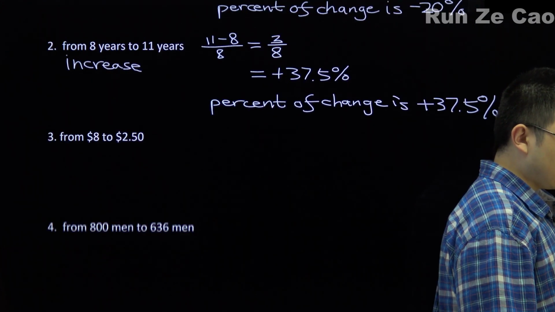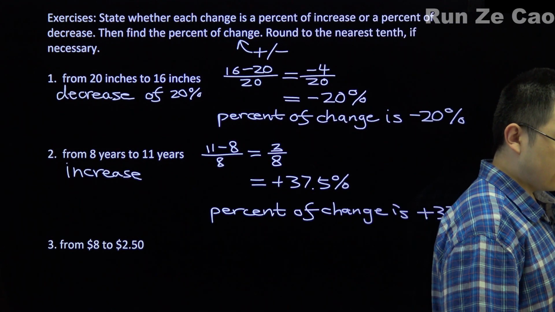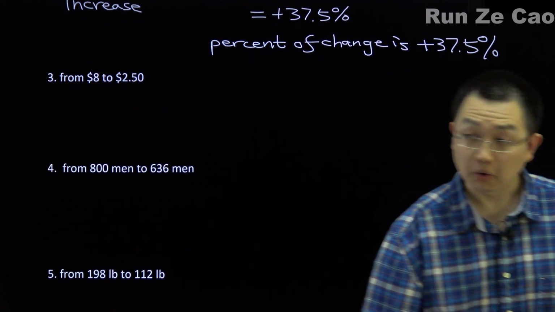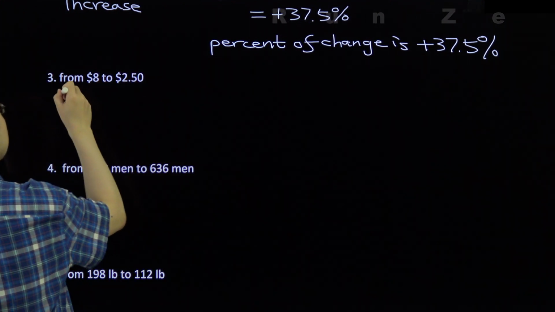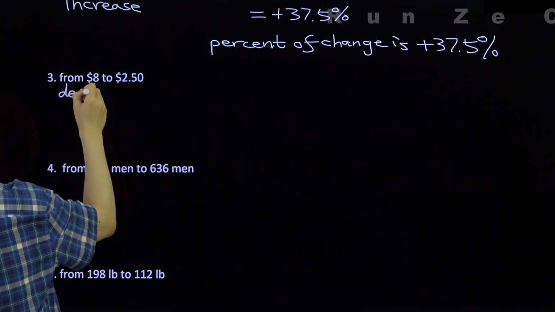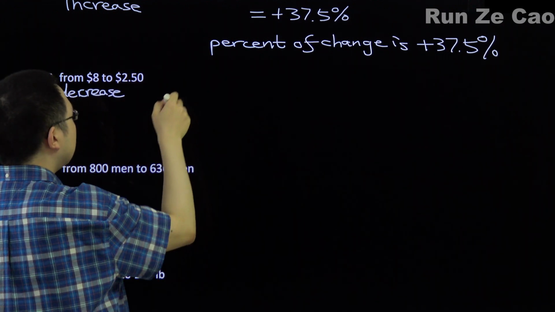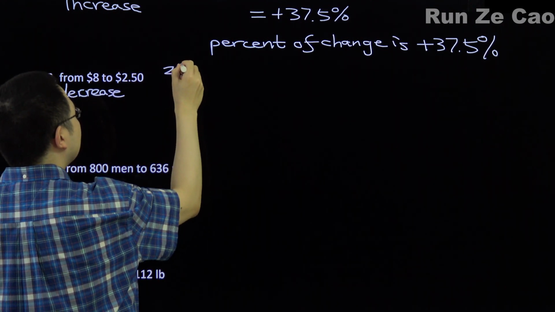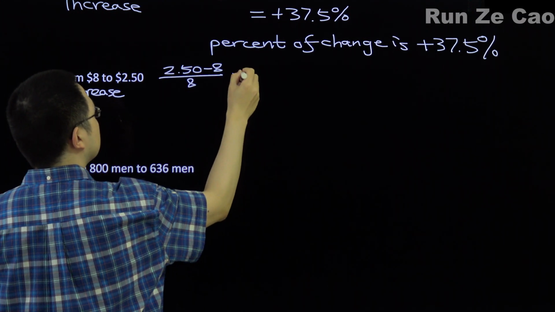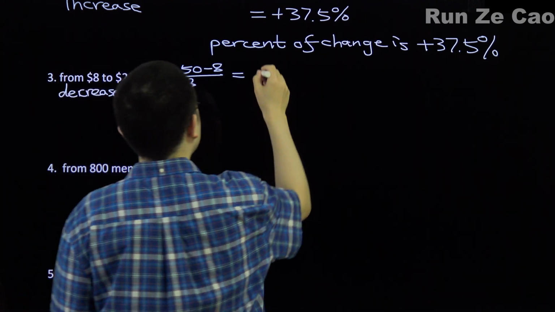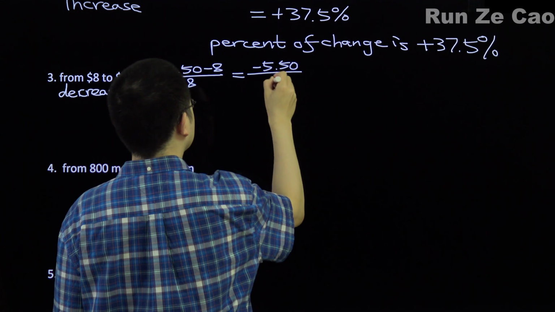Okay, from $8 to $2.5. Hey, this is rounded to the nearest tenth. So, okay, fine. This is a decrease, obviously, because the amount decreased. So new minus old divided by old, that's negative 5.50 over 8.